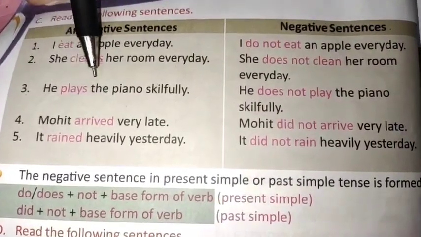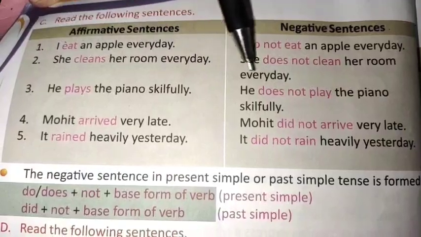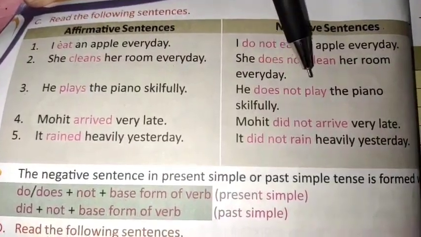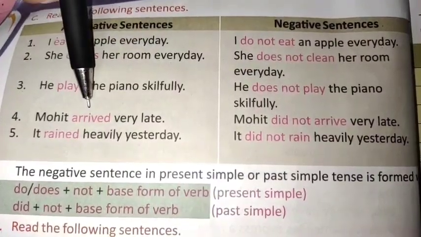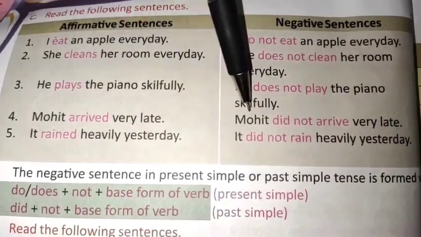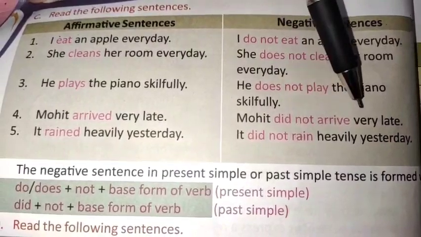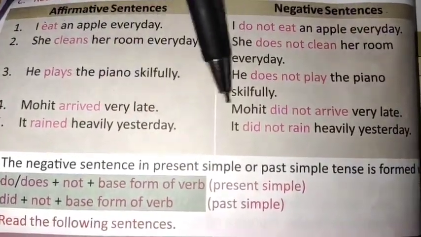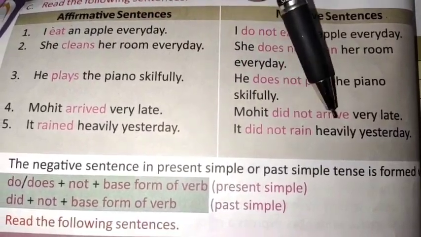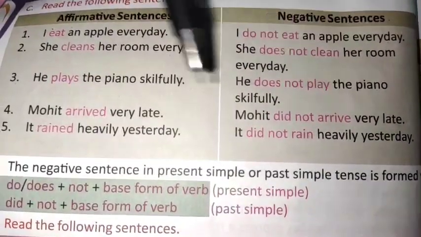He plays the piano skillfully. He does not play the piano skillfully. Mohit arrived very late. Mohit did not arrive very late. It rained heavily yesterday. It did not rain heavily yesterday.